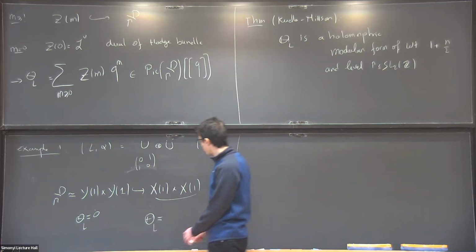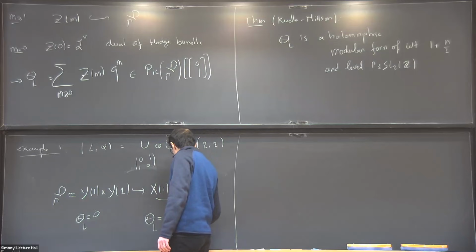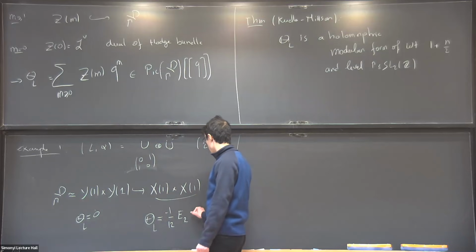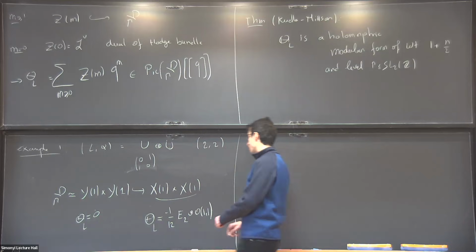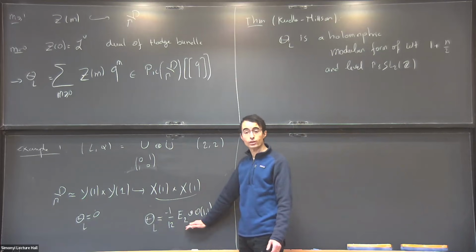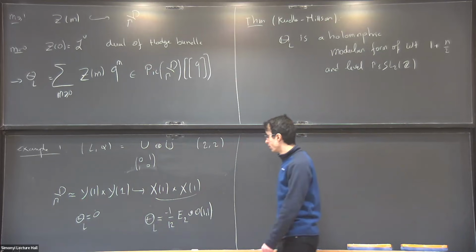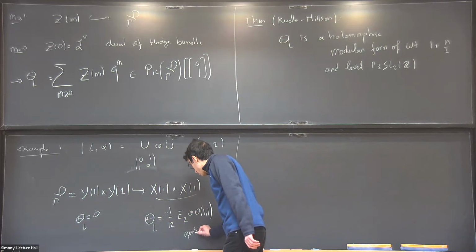It is going to be equal to -1/12, the Eisenstein series E2 times the line bundle O(1,1). So it is not a modular form, but it's what we call a quasi-modular form.